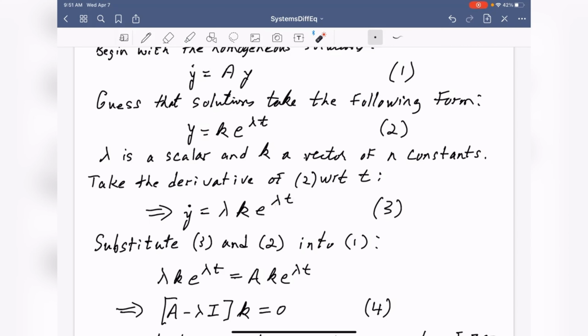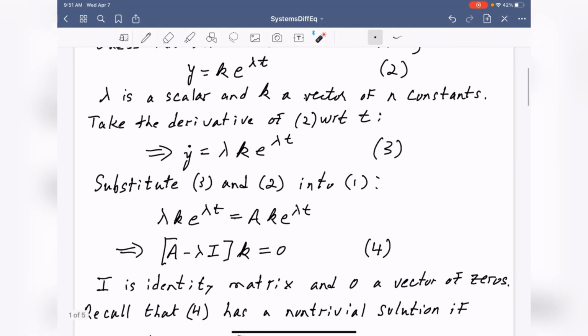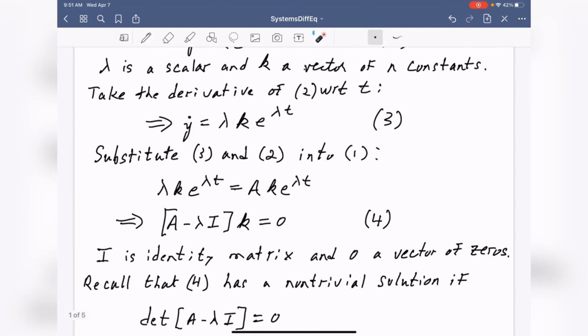We substitute 3 into 2, and we get lambda k e to the lambda t is equal to A k e to the lambda t, which can then be rewritten, by canceling these terms, as (A minus lambda I) times k is equal to 0.